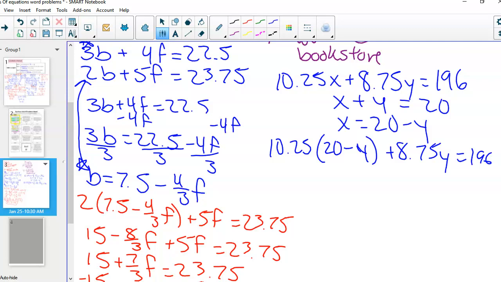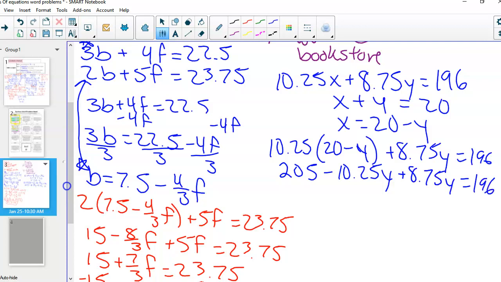And then we just need to solve. 10.25 times 20 is $205. Minus 10.25Y plus 8.75Y equals 196.